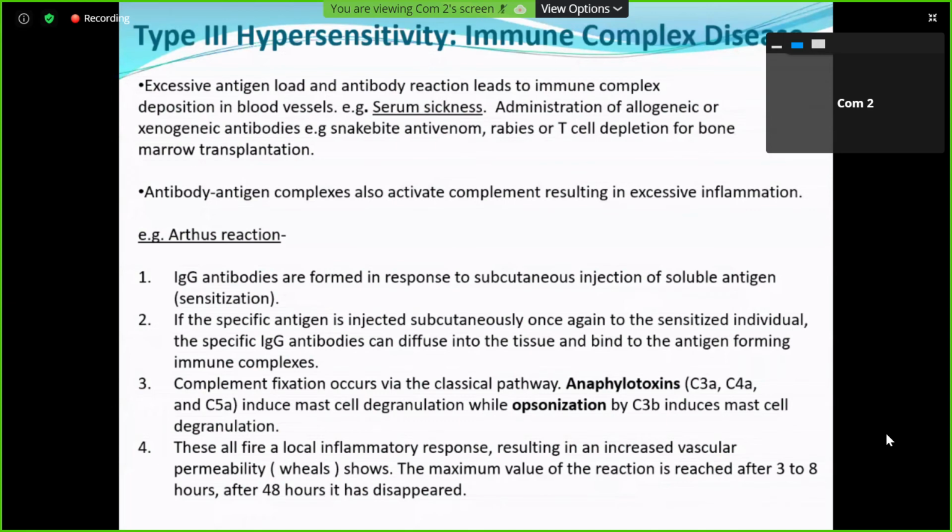All right, so you want to block or inhibit that right from the start.